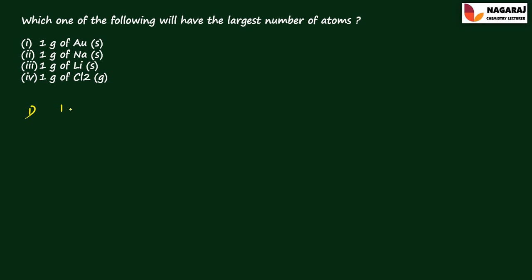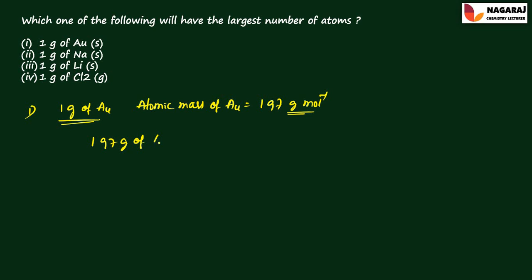Let us see how to solve, using the atomic mass of the following options. First one, that is 1 gram of gold. So the atomic mass of Au is equal to 197 grams per mole. So 197 grams of Au contains Avogadro number of atoms, 6.022 into 10 to the power 23 atoms.